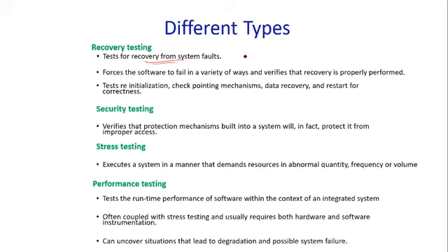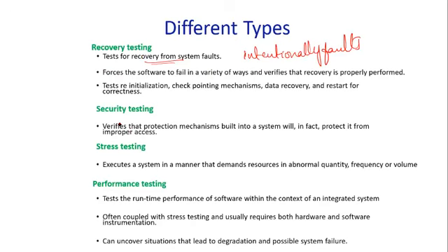So you're going to intentionally make faults within the system and check how the system recovers from a system failure. You're going to force the software to make an error. You're going to intentionally give some wrong input and check.